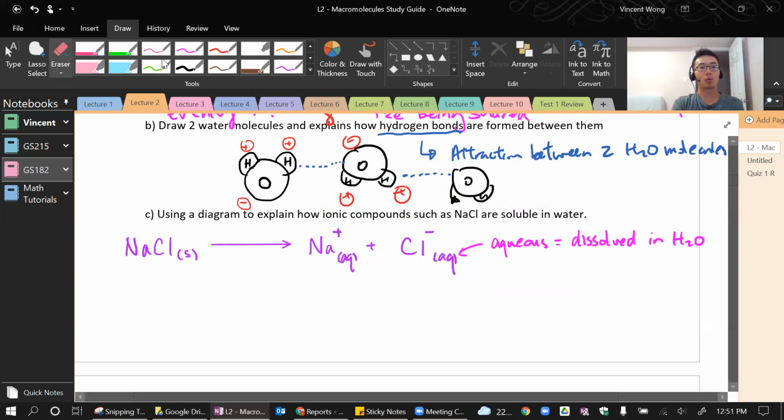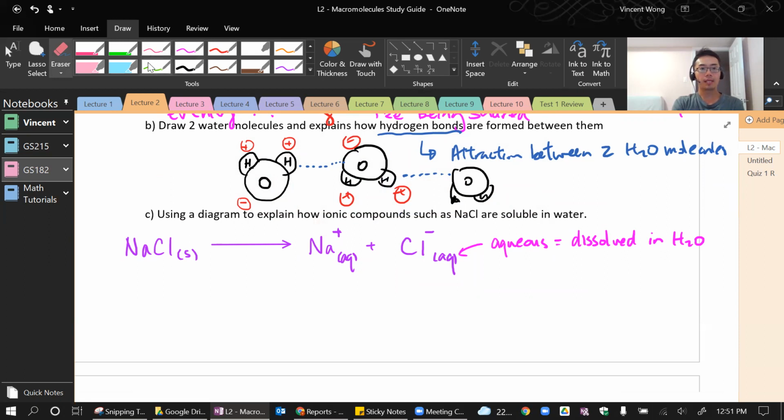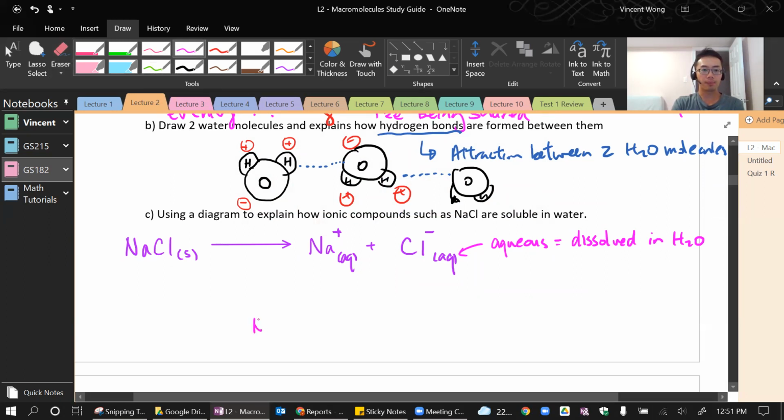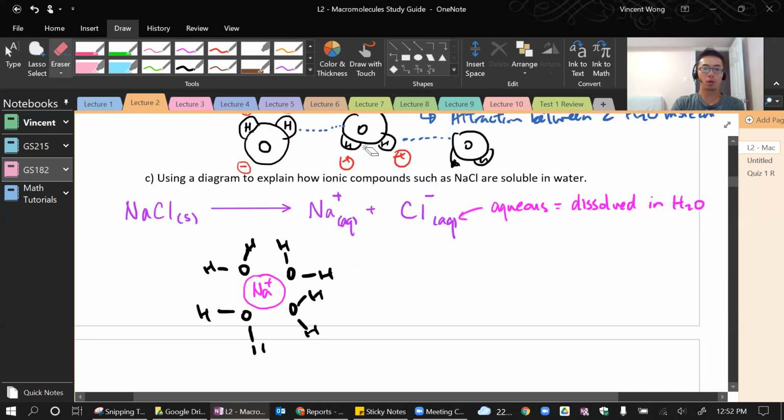So when you put NaCl into water, what's going to happen is the Na+ will be surrounded by the hydrogen. Oh, sorry, it will be surrounded by the oxygen of the water. Because as you might remember, the oxygen is the negative part of the water.